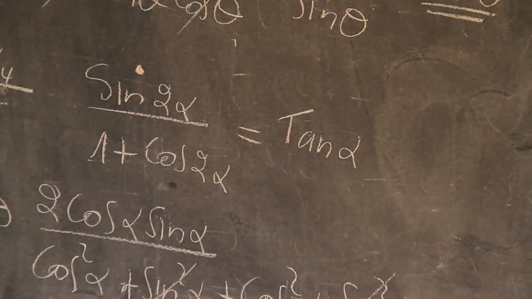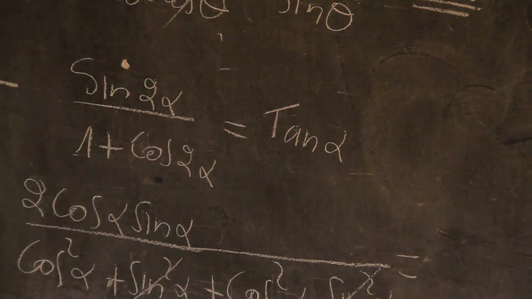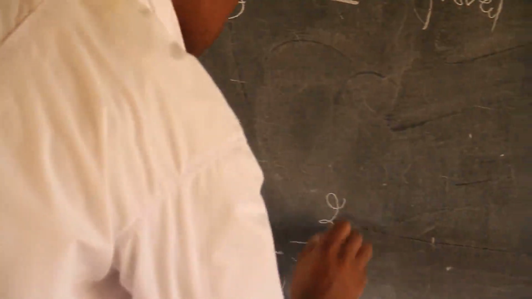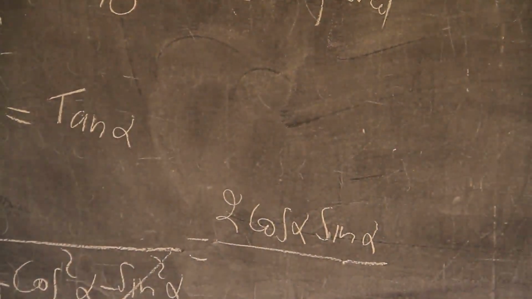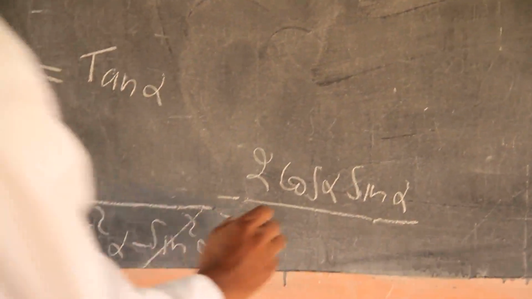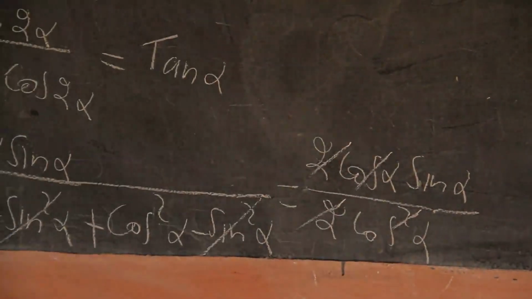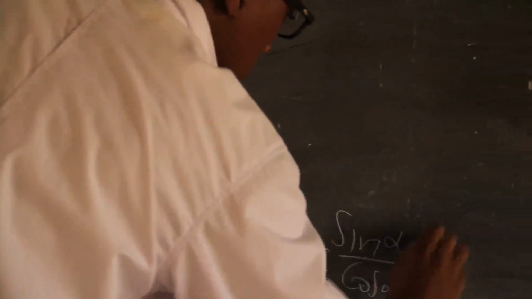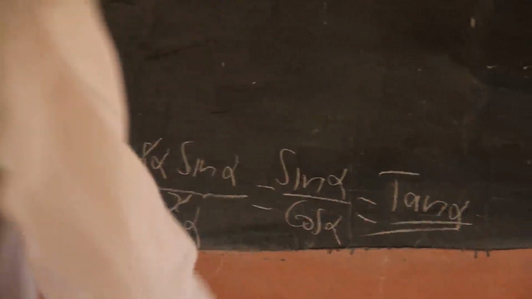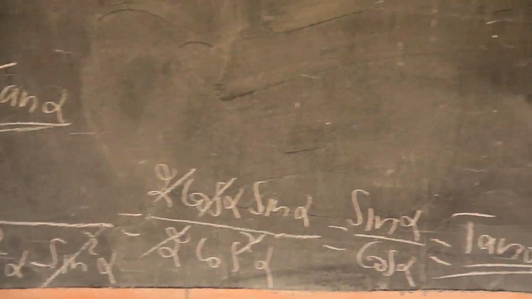So sine and sine, there we go. 2 cos sine over 2 cos square. So cos and cos, 2 by 2, remains sine over cos, which is tan. Alright, so tan exists.